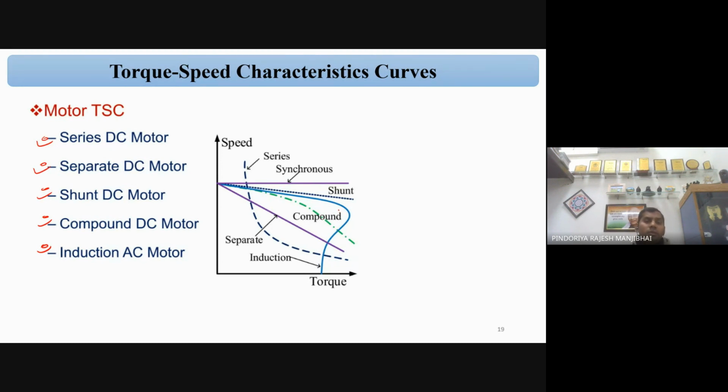We repeat them in this second semester because this is a fundamental concept of modeling and control of electric drives. Suppose you don't know the speed and torque characteristics, then you will not be able to design your drive system, correct? That's why I am strongly emphasizing the torque-speed characteristics of the different types of motor, okay? Done.